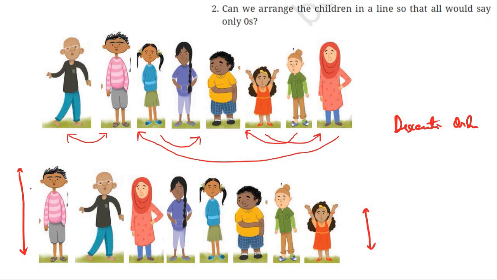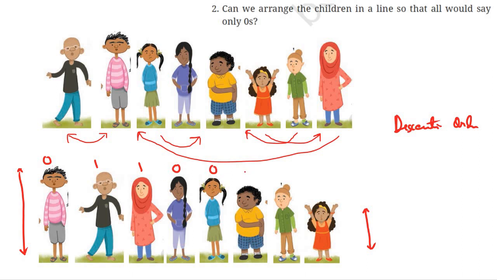Now here, what do you think? Since he is the tallest, of course he will say 0. Next, what about him? He will say 1. Then she will again say 1. Then this girl will say 0, since she is at the same height.